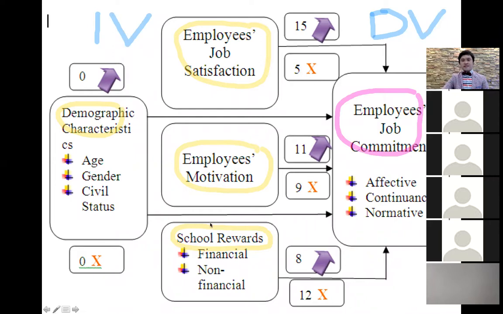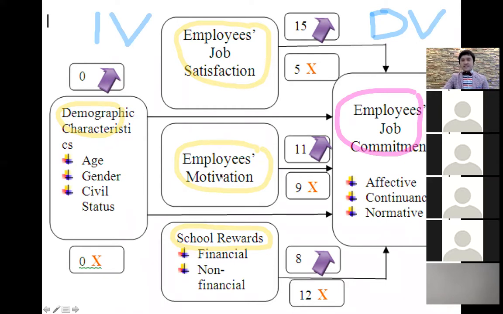Meaning to say that if there are changes that you make in your independent variable, it is possible that it can affect the dependent variable. In other words, job commitment is dependent on employee satisfaction, on motivation, on rewards of the company, either you are in the school or in public offices, and also demographic characteristics.